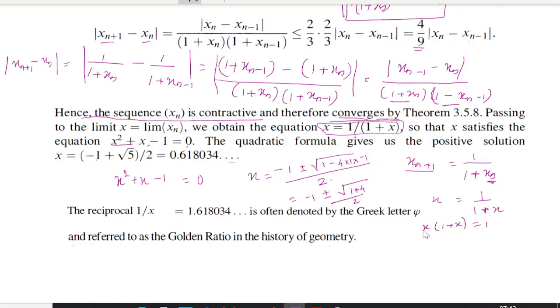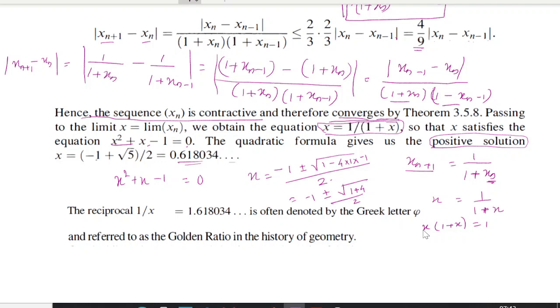So I have taken the positive solution. Positive solution means I should get this value positive, right? When I am taking the minus value, it will entirely become negative. So I have taken the positive solution. So x equal to minus 1 plus root 5, all divided by 2, and its value is going to be 0.618034.